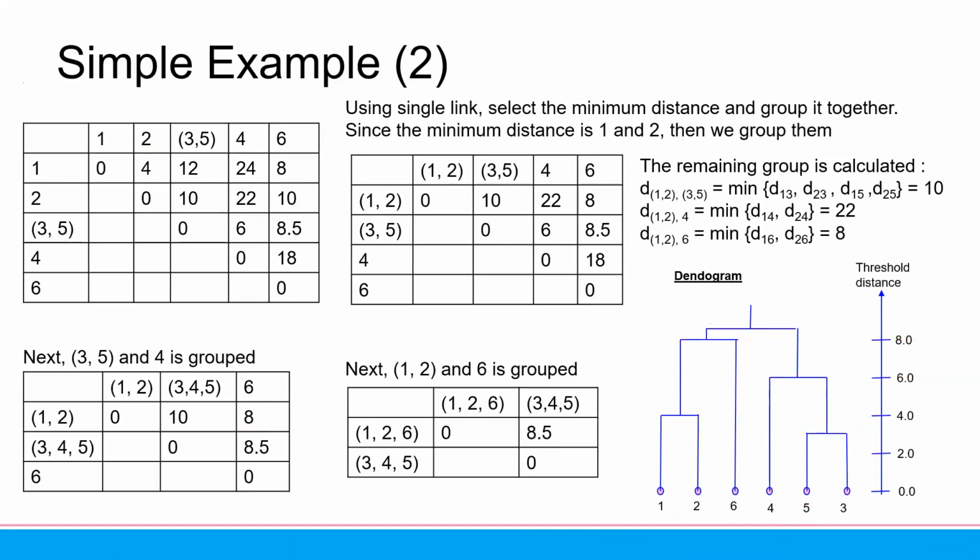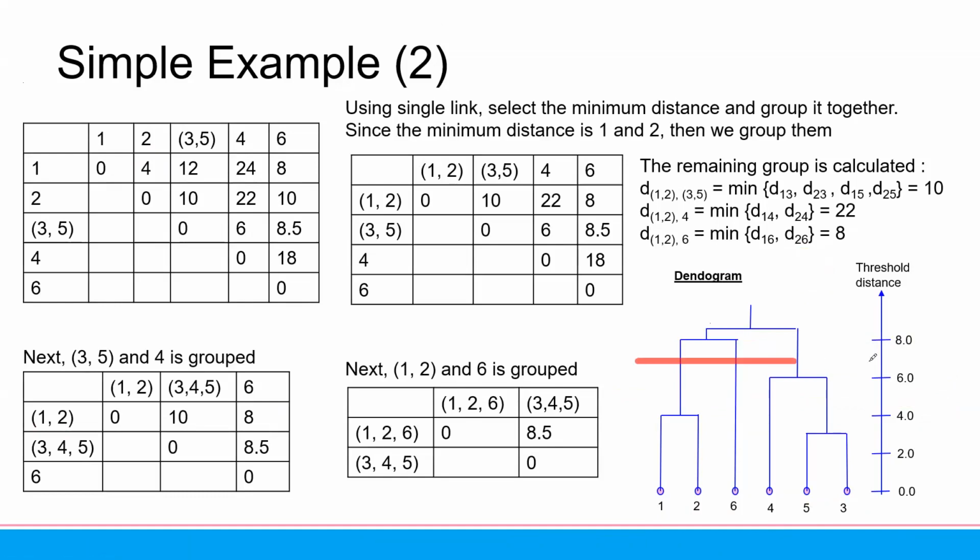Now suppose I want to make the 3 groups. So we can cut the tree. The cutting point will be maybe this one. So the cutting point, if the threshold distance is 5, this one, not this one, sorry.